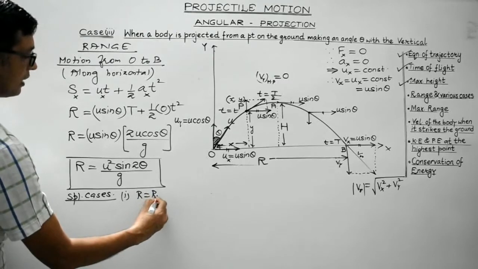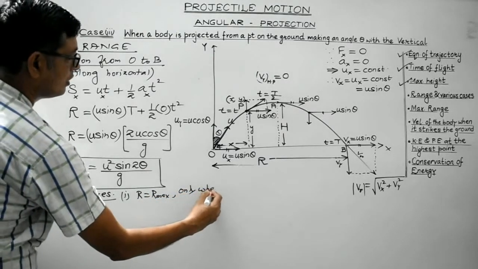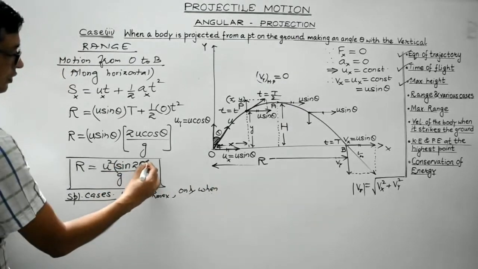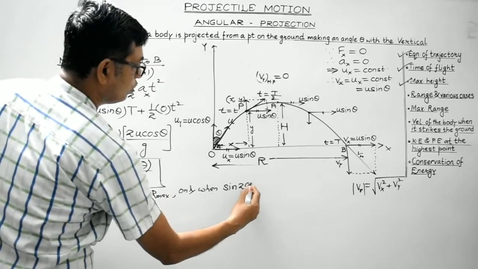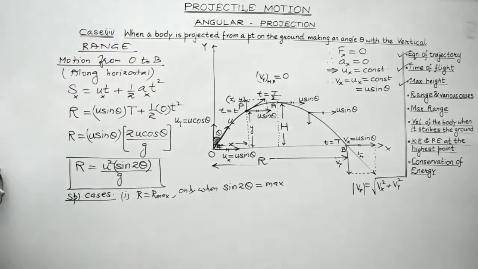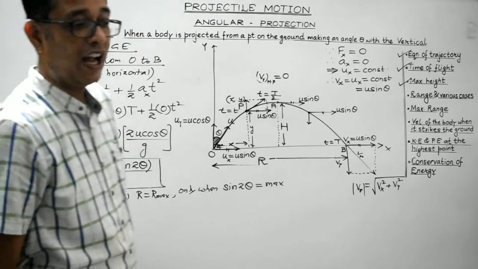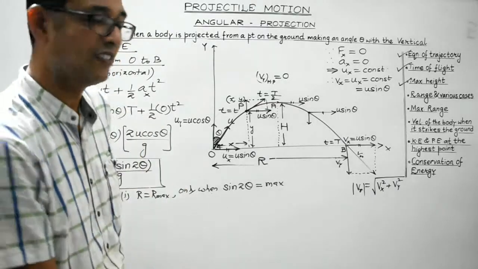R would be R max only when the value of sin 2 theta is maximum. And the maximum value of sine trigonometric function is +1, isn't it?